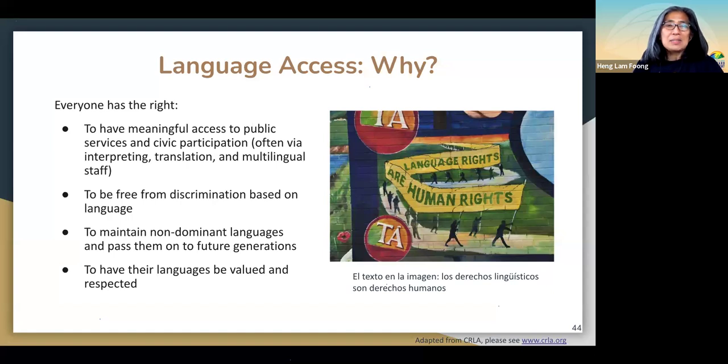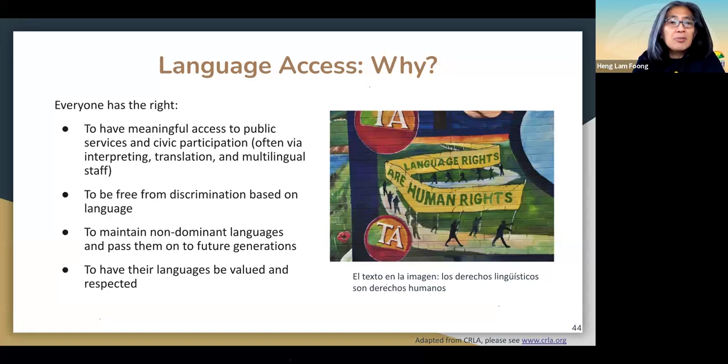We've heard about Title VI, Government Code 11135, so on and so forth. But why? Truly, why is language access important? It's because everyone has the right to be able to participate in their community in a meaningful way, if language access is ensured. It is a human right.